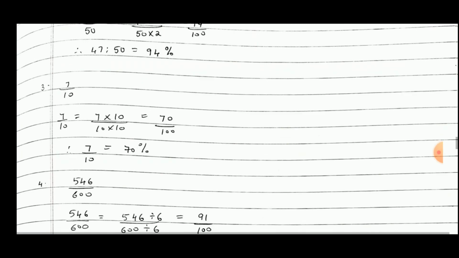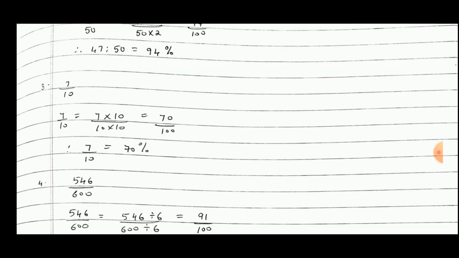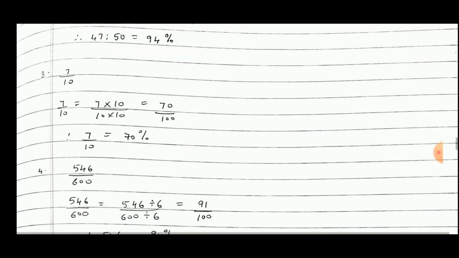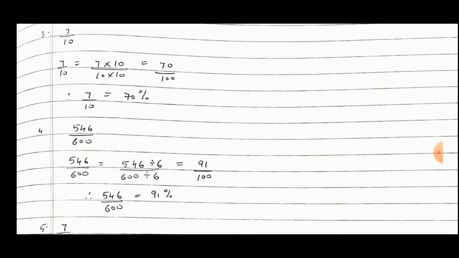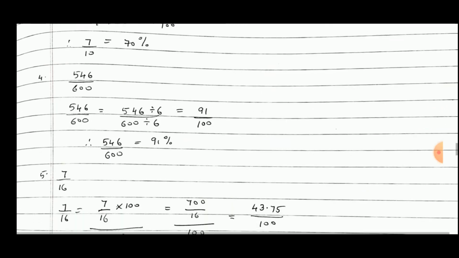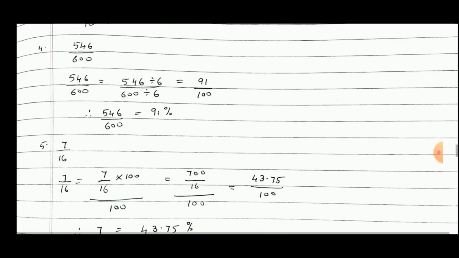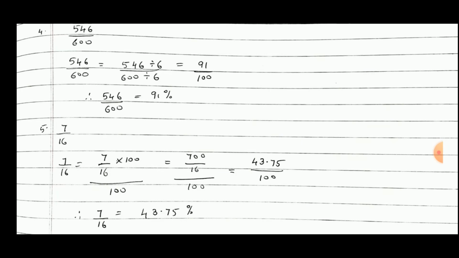Then 7 upon 10 means 7 into 10 upon 10 into 10, that is 70 upon 100, that is 70%. Then 546 upon 600. The denominator you have to make 100, so divide by 6, so the numerator also you have to divide by 6. So 546 divided by 6 is 91, 600 divided by 6 is 100. So 546 upon 600 is 91%.